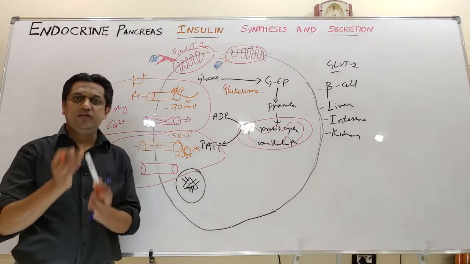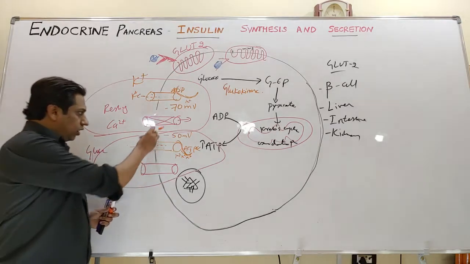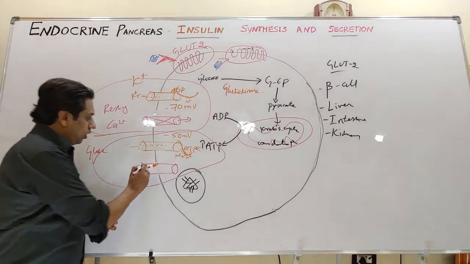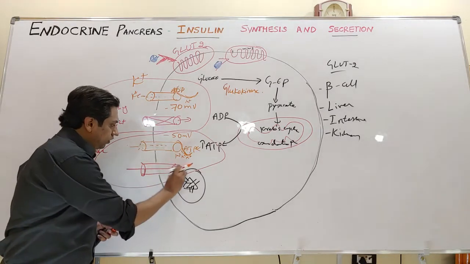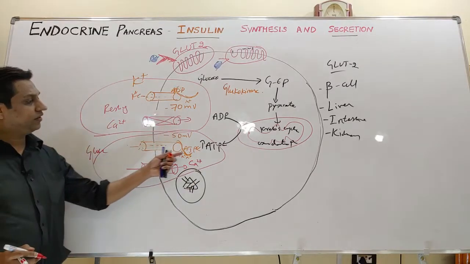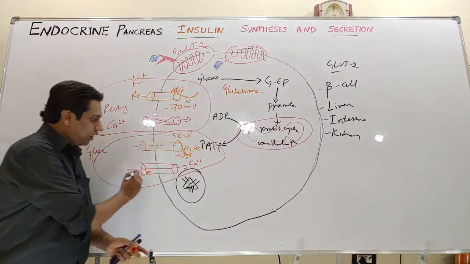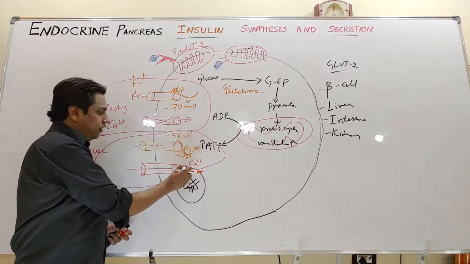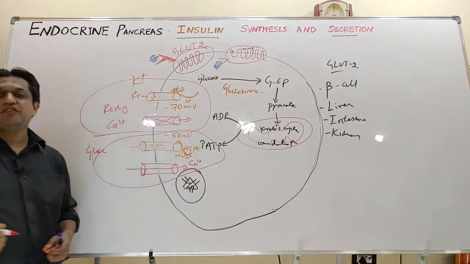Due to this change in the membrane charge, there is opening of these calcium channels, and calcium from the ECF will enter inside the ICF, that is, extracellular fluid to intracellular fluid. Okay, earlier it was not entering. So these are voltage sensitive calcium channels.